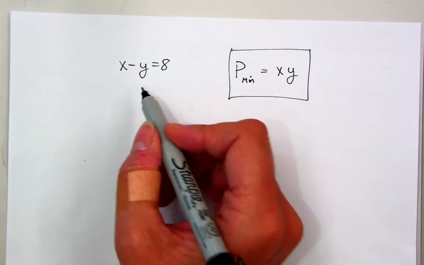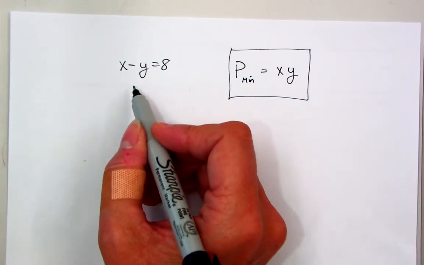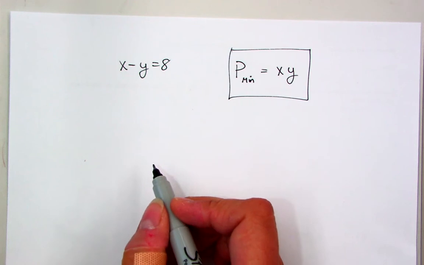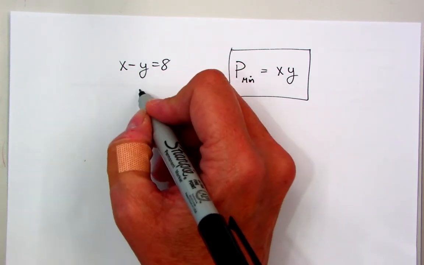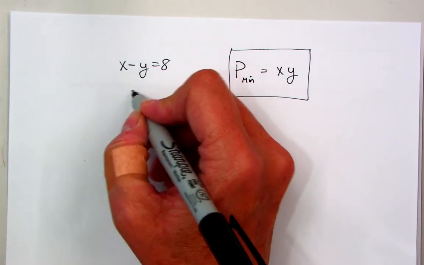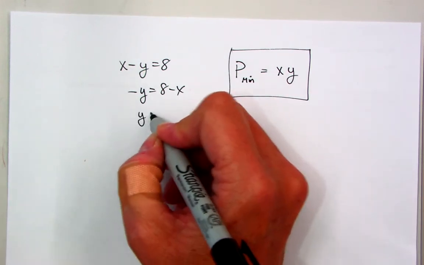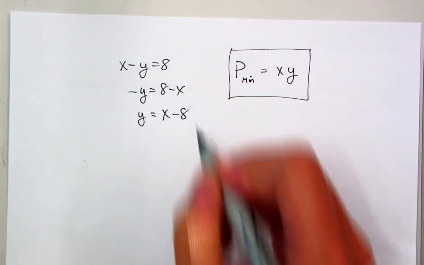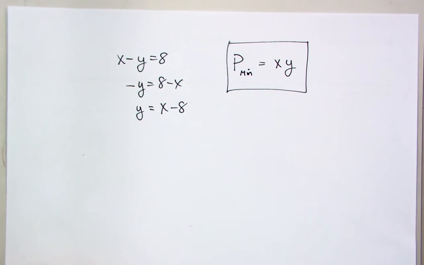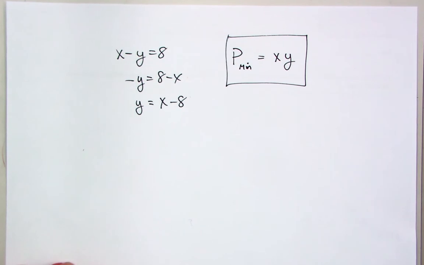So what we're going to do is take this one and isolate it for one of the variables. Let's just isolate it for y. Hopefully that makes sense. I didn't show where we stuck because I don't need to. Okay?